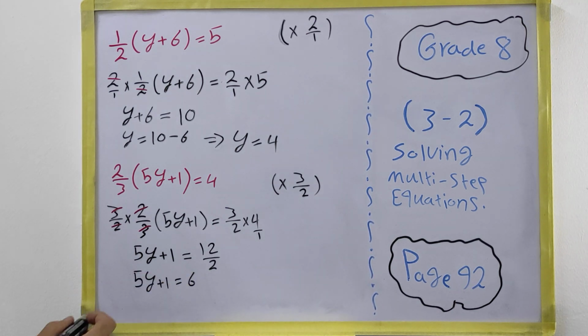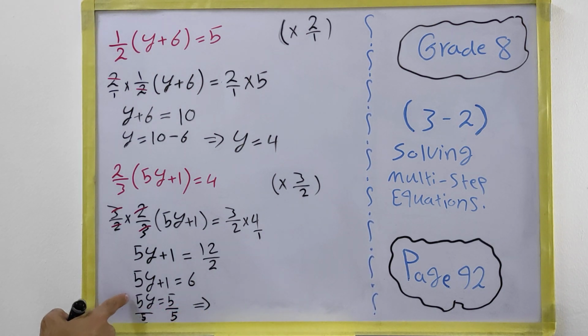Now we bring 1 to the other side: 5y equals 6 minus 1, which equals 5. We did these two steps at once. Because here we have 5 with the y, we divide by 5 on both sides.